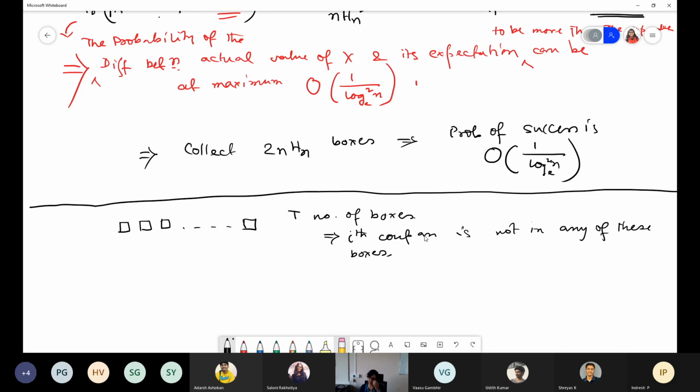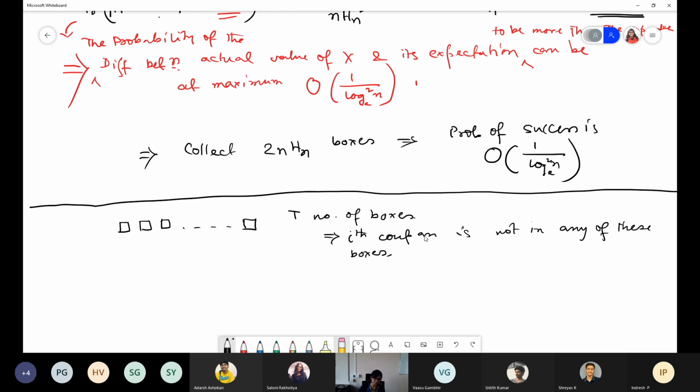What is the probability of that? Each coupon is individual, right? Whether the coupon belongs to one box or not, that probability is fixed for any particular box. The number of coupons is n. So the ith coupon is one particular coupon. That coupon might belong to one box or not. That probability is 1 by n.